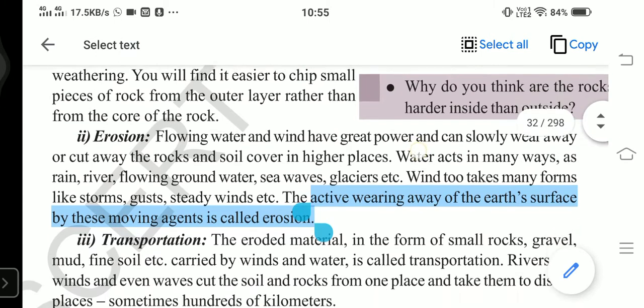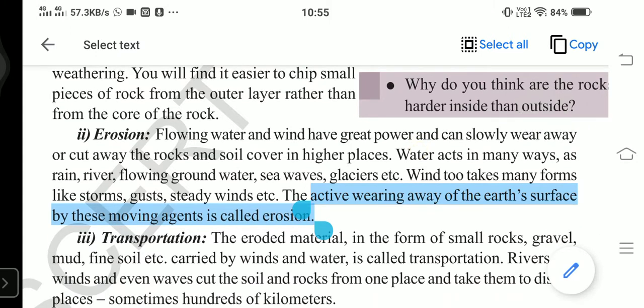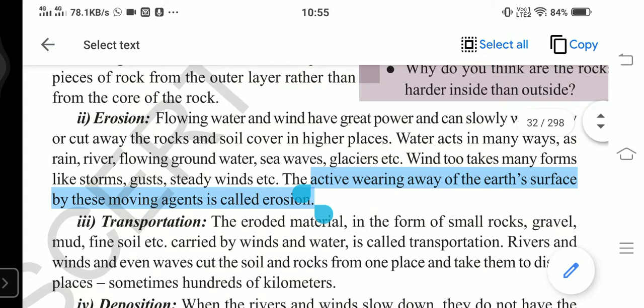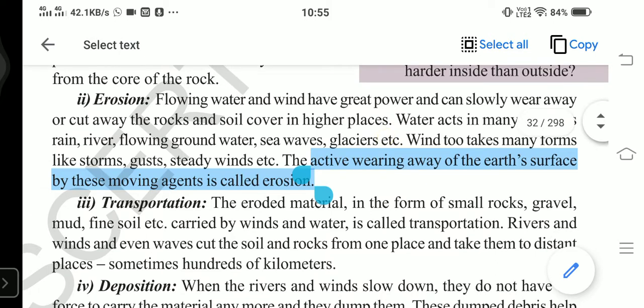The next is transportation. With this we'll conclude here because 5 minutes are left, my dear students. So what is transportation? By weathering and erosion, the rock broke into small pieces or the earth's surface was also cut out. When it is cut out, it becomes small particles.